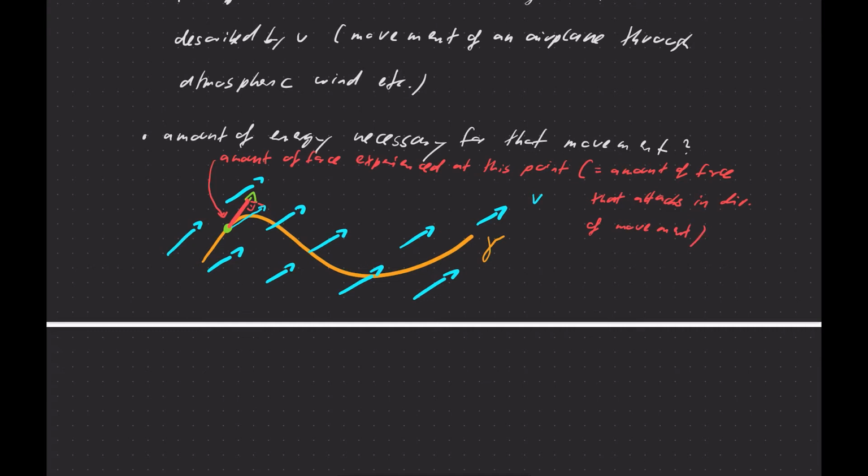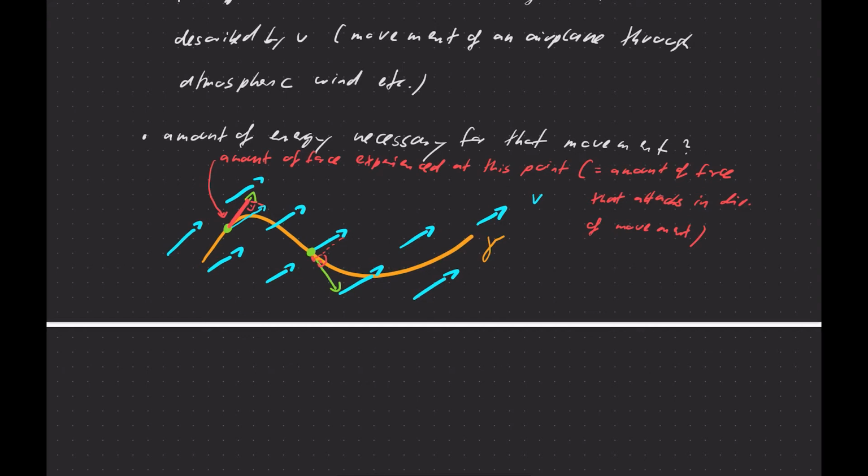Okay, in contrast to that, let's consider some other point to see how that changes. So for example, let's say we are at this point here, right? Then our direction of movement is this. The force that acts at that point is precisely this here. And the force that we actually experience is again given by the projection of this blue vector onto our direction of movement.